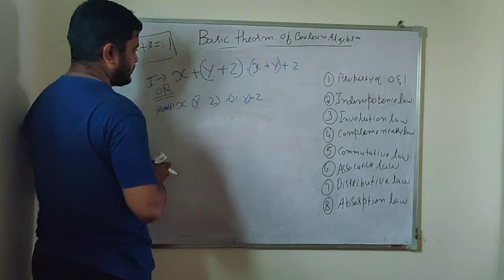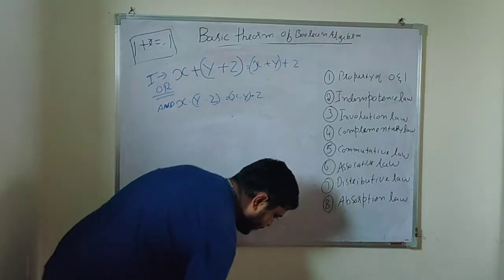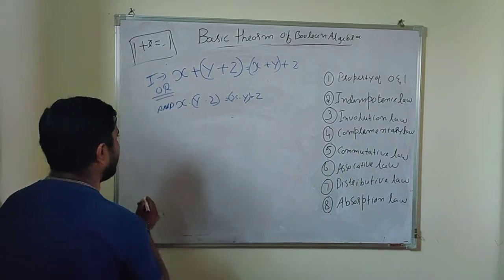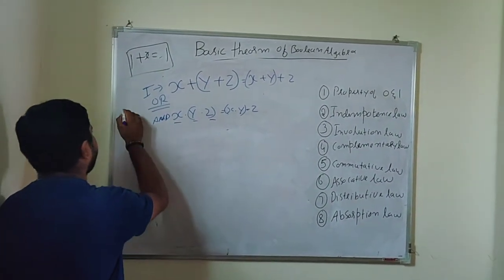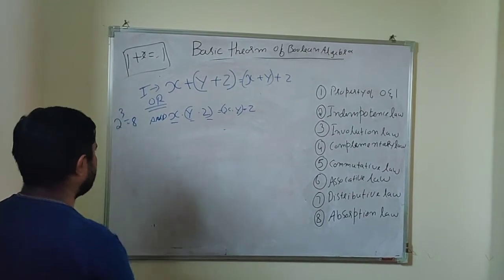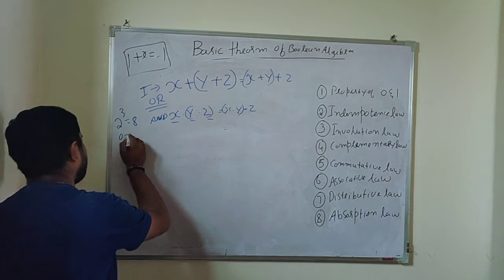So this is the AND gate. Let me go straight to the truth table, and after that I will come to the variables and how to prove it. Now I have three variables, which means 2 to the power of 3, which is equal to 8. So I should start my binary numbers from 0 to 7.